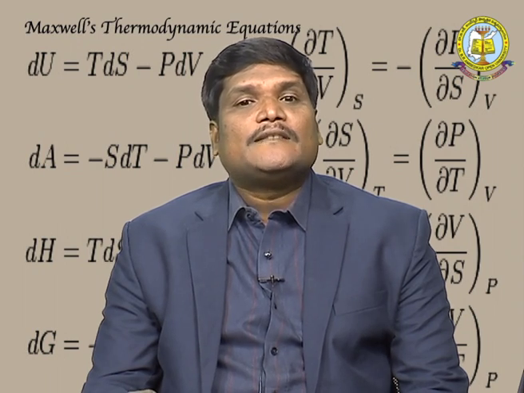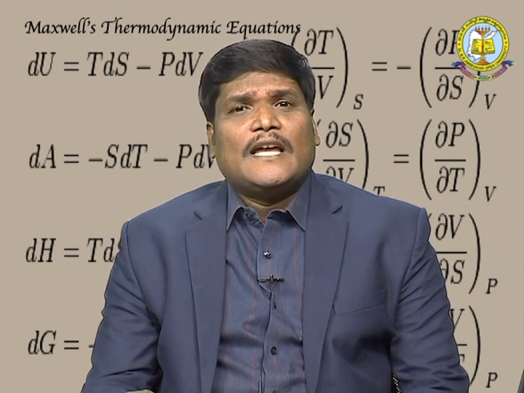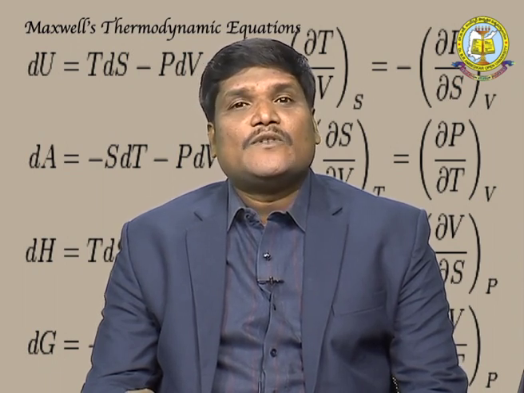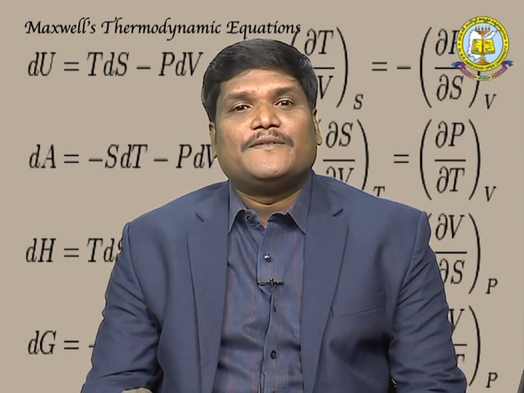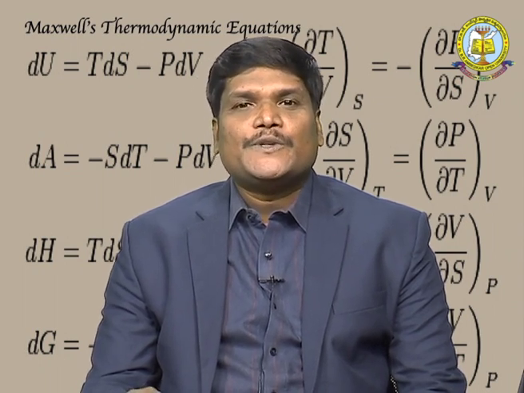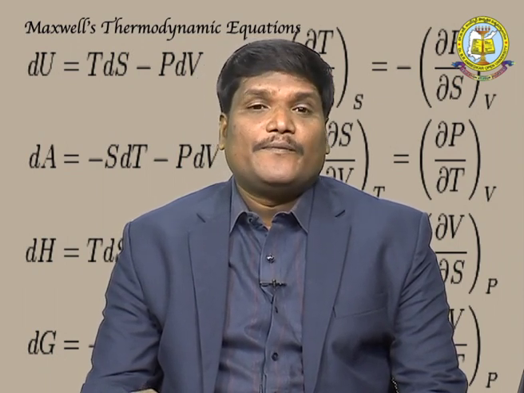So here the other two. We have derived this, the internal energy is over. Here you need to know about the Gibbs function, dG value, and also the enthalpy, dH value. So this is the process: how to simplify, how to get the differential form.